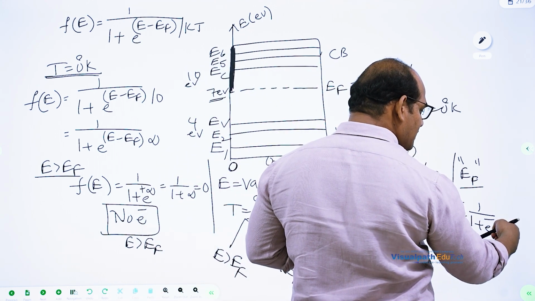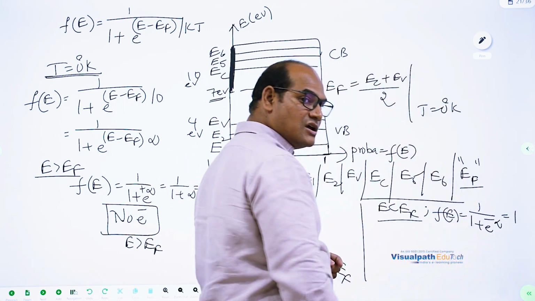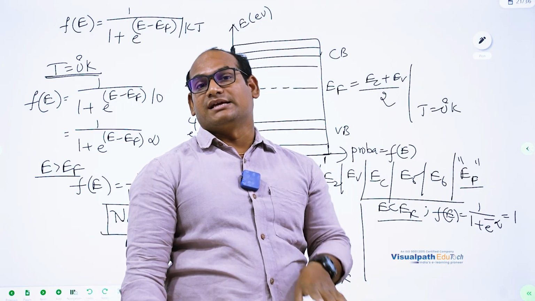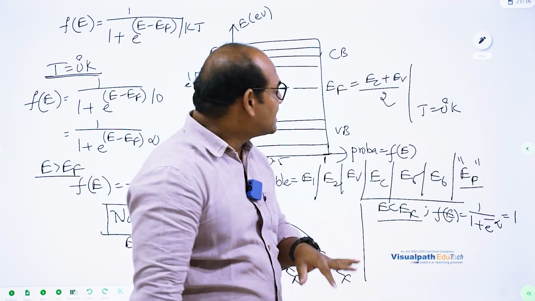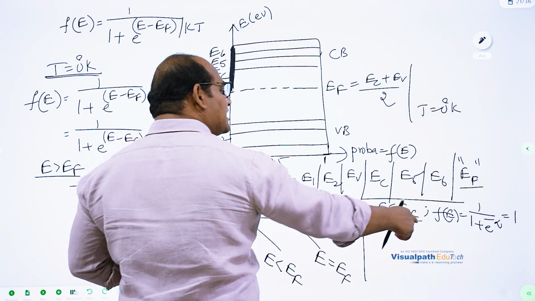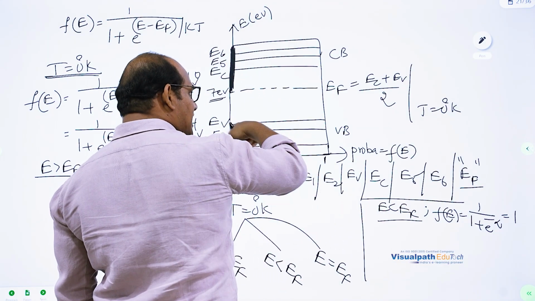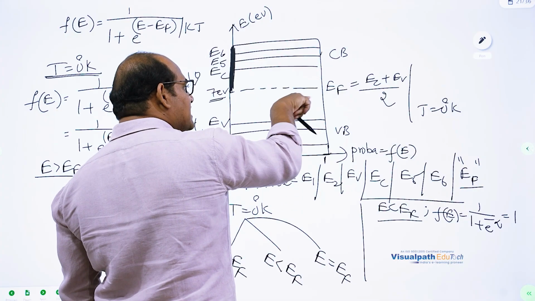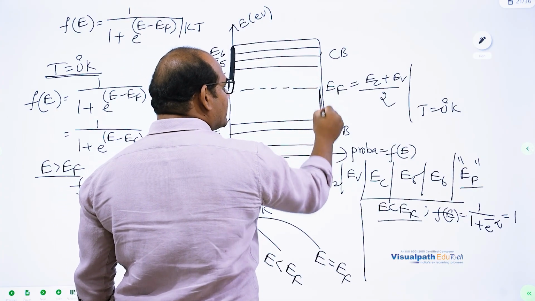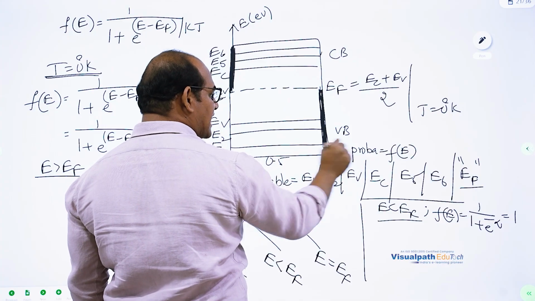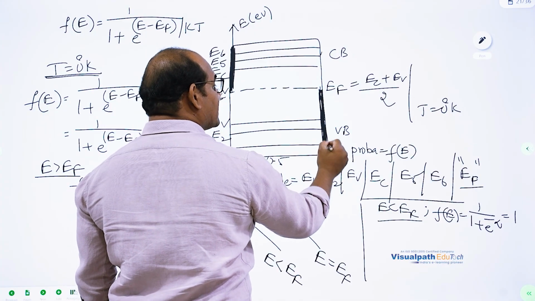So 1 plus 0 is 1. 1 by 1 is 1. So probability we got 1. That means an electron is existing. Okay, probability 1 means electron is existing. So for all the energy levels which are lower than the EF, so this is EF, lower than the EF means all these energy levels. For all these energy levels, we will get probability is 1. So here we are indicating the probability is 1. On x-axis probability is there. So like this we will get.